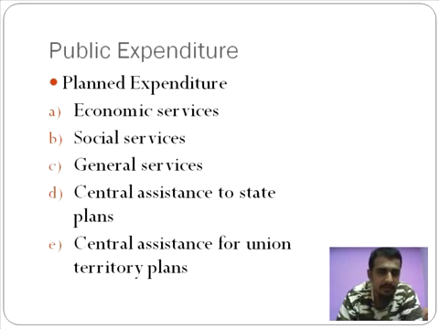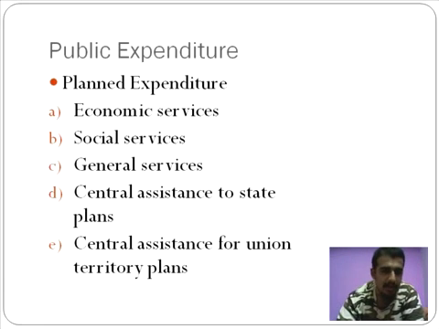It was in fact partly funded by the central government. Now, central assistance to union territory plans. Union territories don't have a government per se to look after the costs and the budget. So here the central government allots resources for this particular part of India.